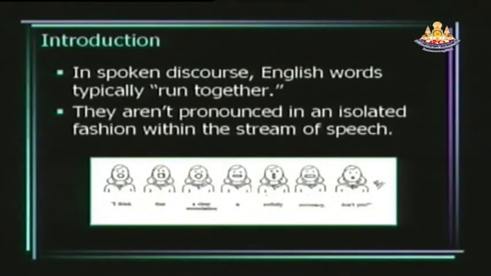So nobody speaks like the lady in our cartoon who says, "I think that a clear enunciation is awfully necessary, don't you?" That's not English, right? English runs all of those words together. And so we're going to be talking today about how to run your words together to sound more like a native speaker of English.